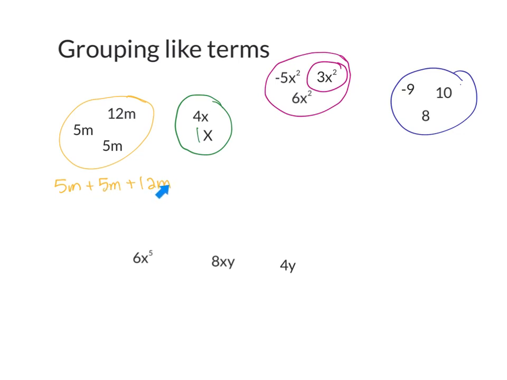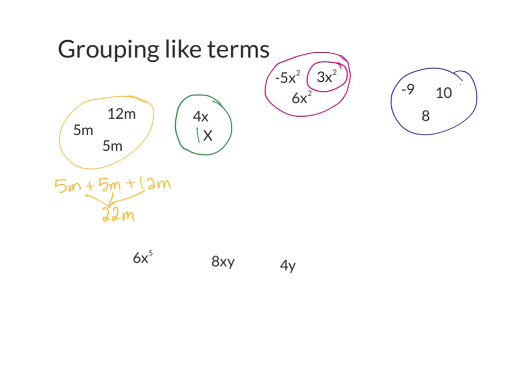The fact that it's a milkshake doesn't change. It's just how many of them I have. So 5 plus 5 is 10, plus 12 is 22. So this is going to be a total of 22m. That's combining all those like terms. The variable and its exponent don't change. It's the coefficient that changes.